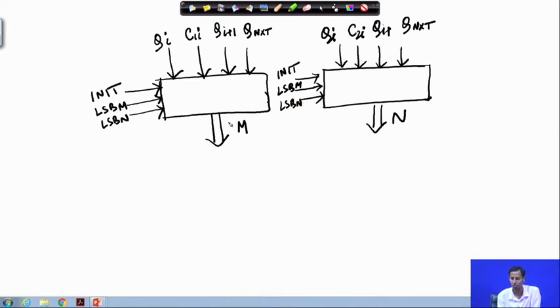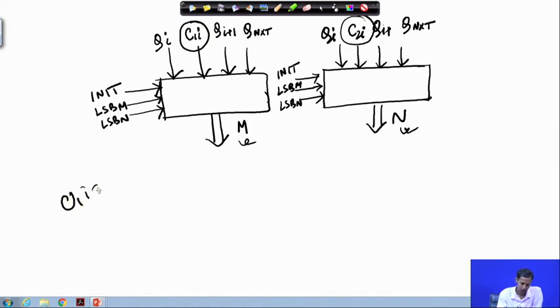This will produce m and this will produce n. So, I have implemented the corresponding operation table using this. Now what I am left with is that I need two circuits for C1i and C2i.